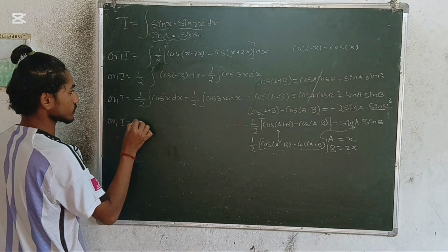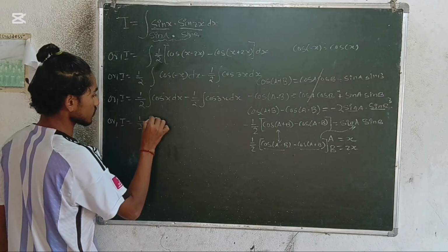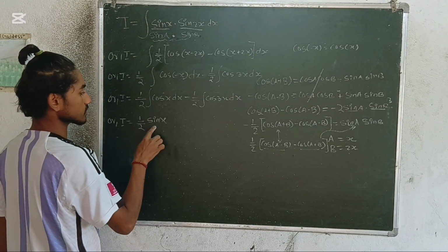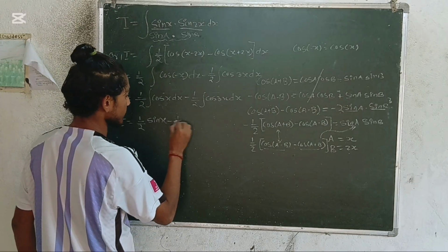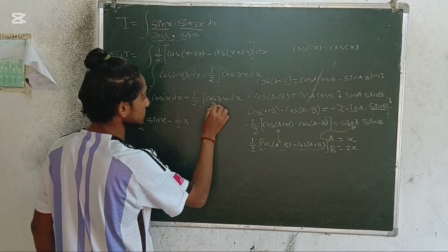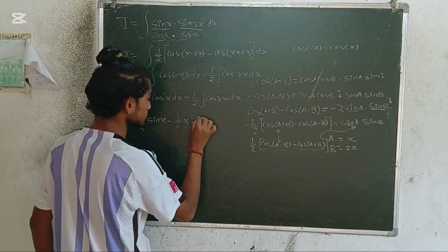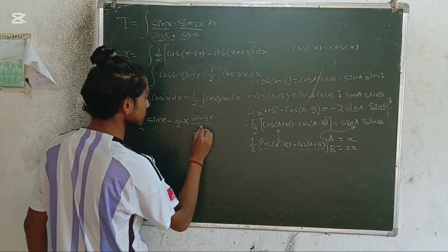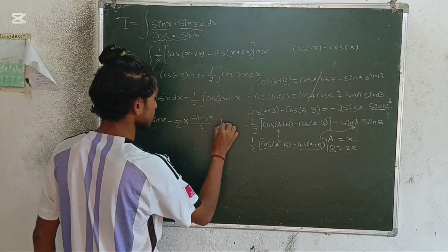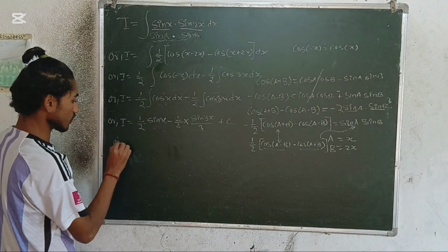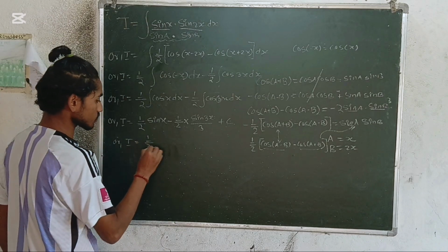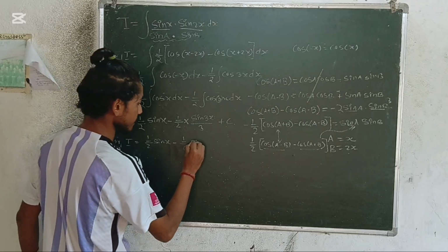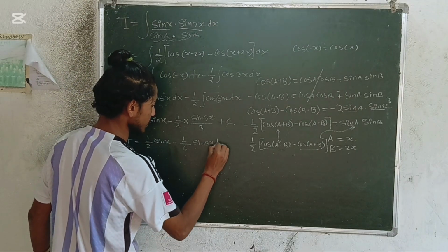So we get 1 over 2 sine x, since the integration of cosine x is just sine x, minus 1 by 2 into the integration of cosine, which is sine 3x, and whatever is the coefficient of x comes in the divide sign, plus c. So I can write it as 1 by 2 sine x minus 1 by 6 sine 3x plus c.